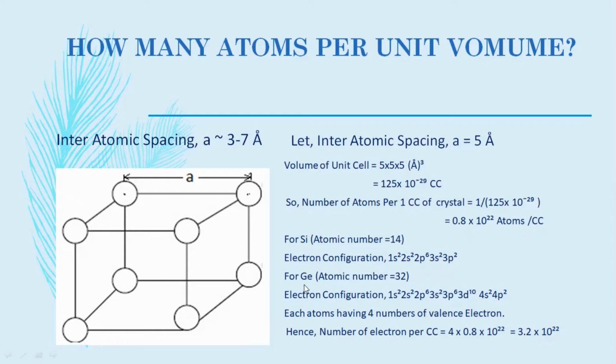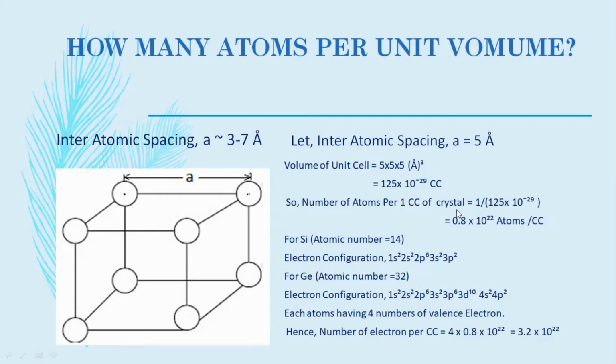If you consider germanium, it has atomic number 32, so the electron configuration is like this, and the fourth orbit is the outermost orbit, so it also has 4 valence electrons. So each of the atoms has 4 valence electrons.